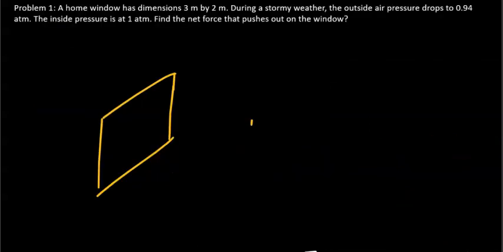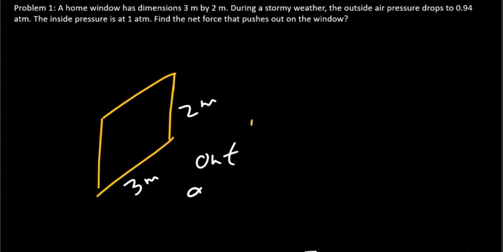Let's do a problem. A home window has dimensions 3 by 2. So let's say this is 3 meters and that is 2 meters. During a stormy weather, the outside air pressure, so outside is here, drops to 0.94 ATM.